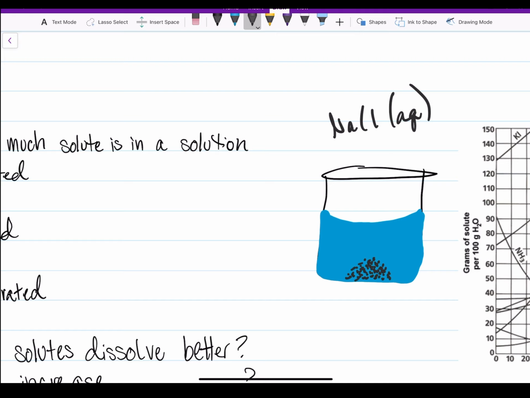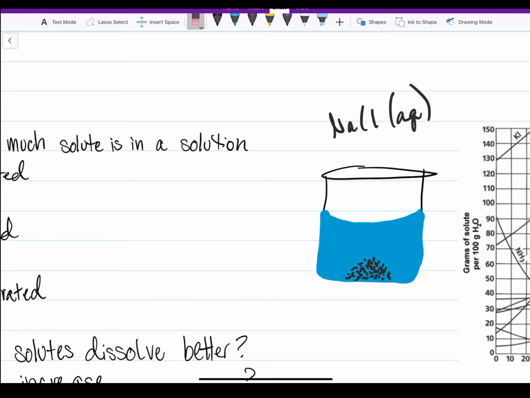And then let's say we pour in so much salt that it starts to pile up at the bottom. This would be a supersaturated solution because this is so saturated with salt, it can't dissolve anymore.